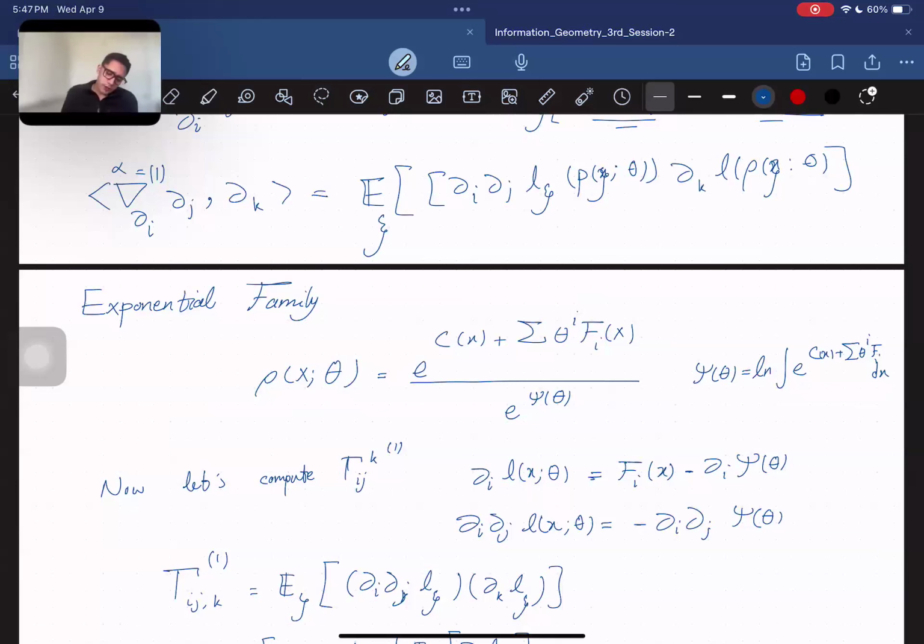At each point x, the probability with respect to x is given by this formula. So what's the relationship between this and the normal distribution? If I put theta as the mean and the variance, this would be equal.